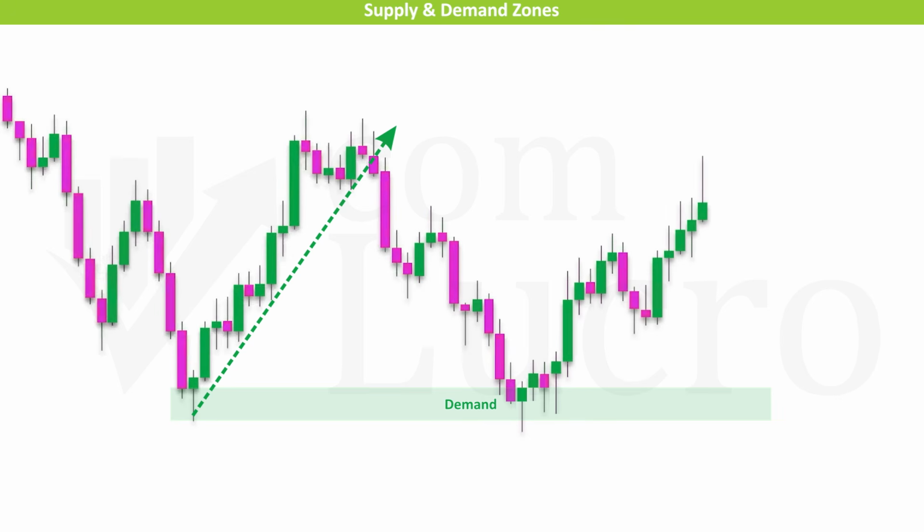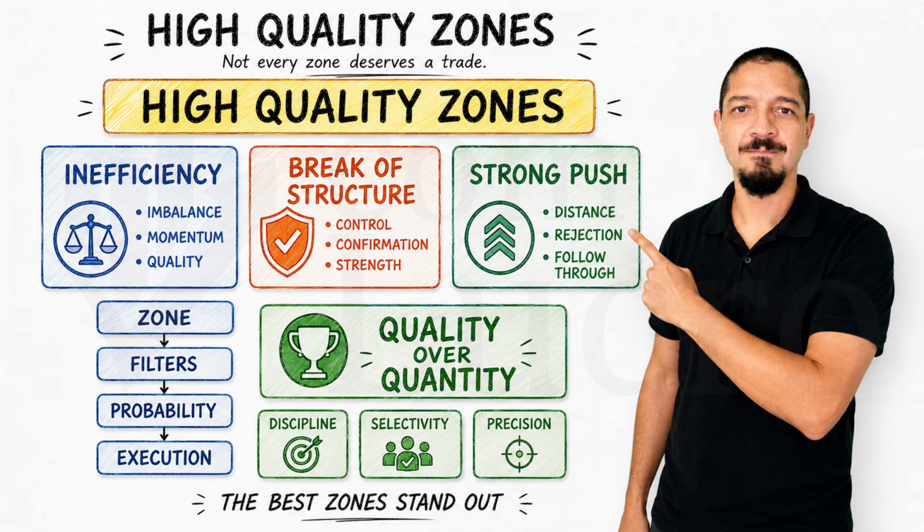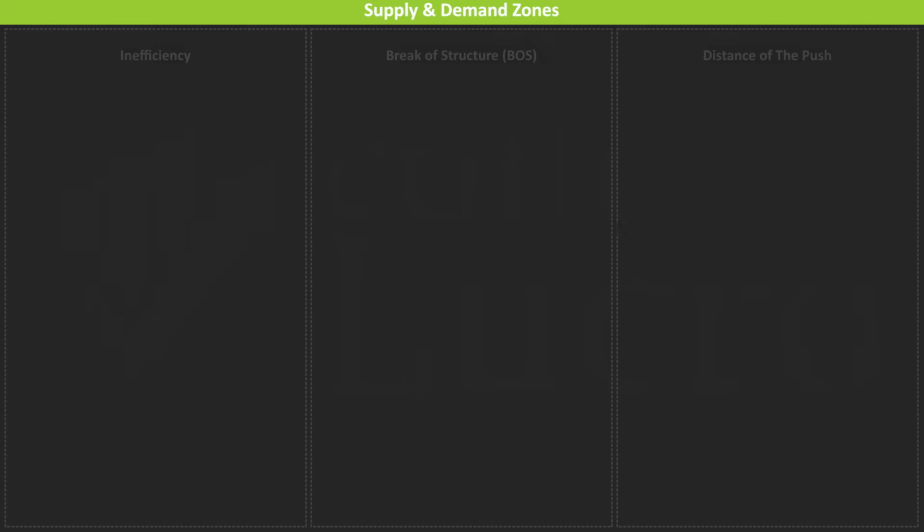However, not every supply or demand zone deserves to be traded. To identify stronger zones, we focus on three important factors: inefficiency, break of structure, and the distance price moved away from the zone. These factors help us evaluate the quality of the zone and improve the probability of finding a successful trade.